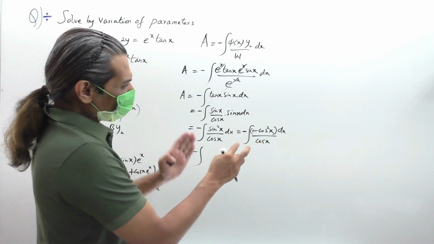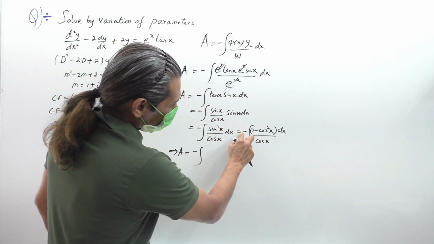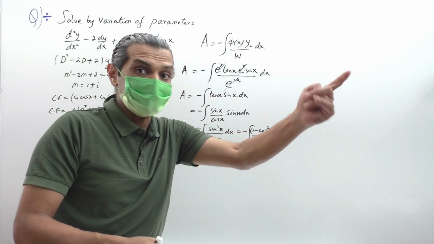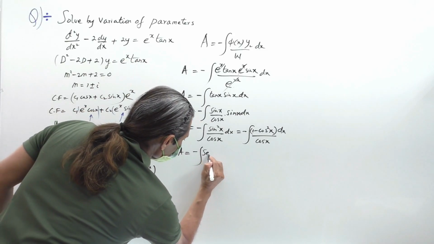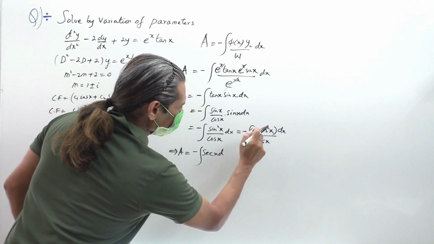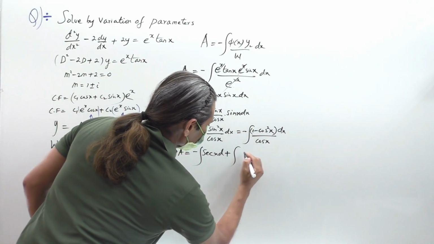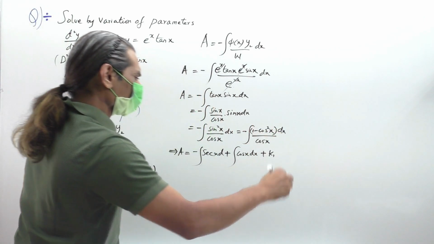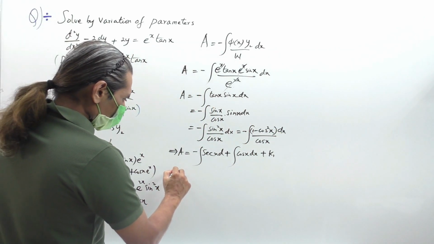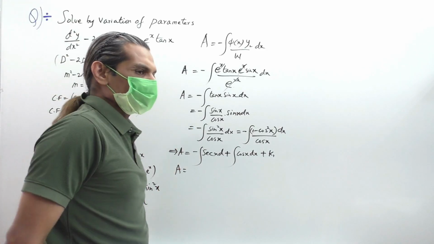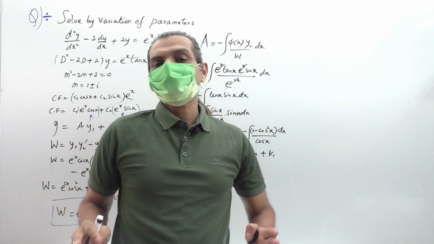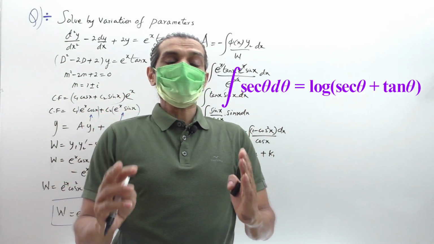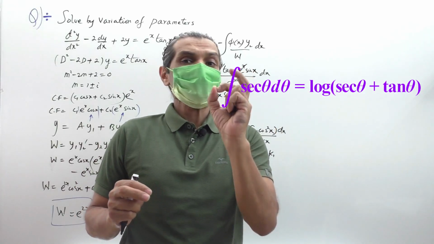So, it implies A equals minus, when I separate it, I get directly 1 by cos x. What is 1 by cos? Secant. So, minus integration of secant x dx, minus into minus plus, open bracket, cos square by cos is cos x dx, plus I will take k1 as the constant of integration. Now, a well-known integration: integration of secant x is log of secant x plus tan x.